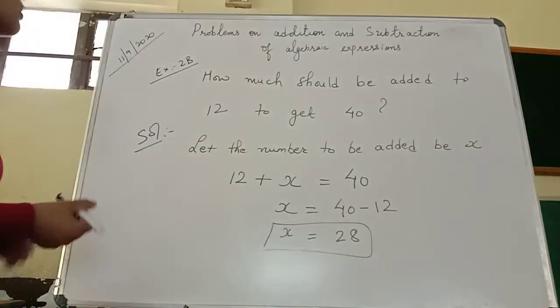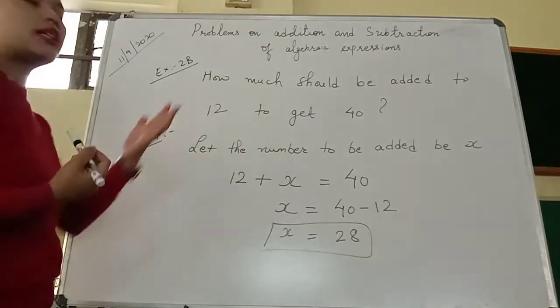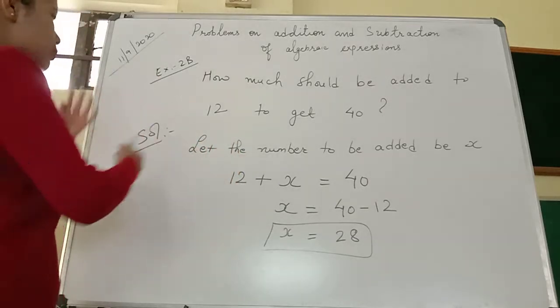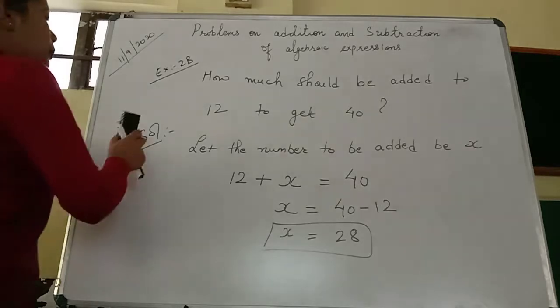So this is what this word problem meant to say. It is quite easy to deal with arithmetic and then relate it with algebra. Now let us relate this same word problem with algebra.